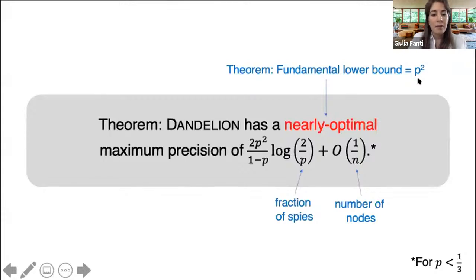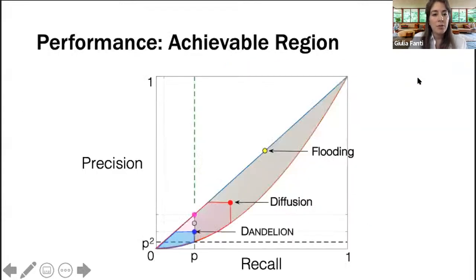And so if we go back to this achievable region from earlier, so remember the green triangle is what we wanted to achieve. So we can see that Dandelion hits the recall upper bound and is within a log factor of the precision bound. Whereas diffusion, which is what's done today in many existing cryptocurrencies, has a much larger region. So it's worse for privacy.